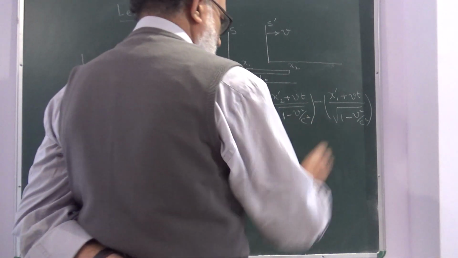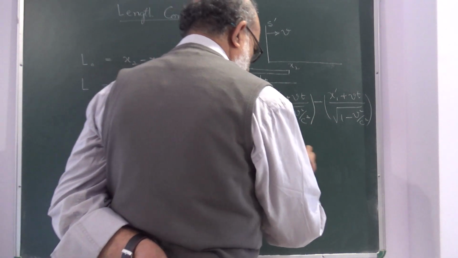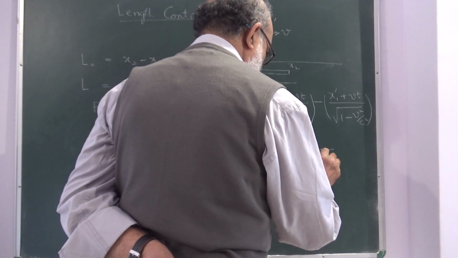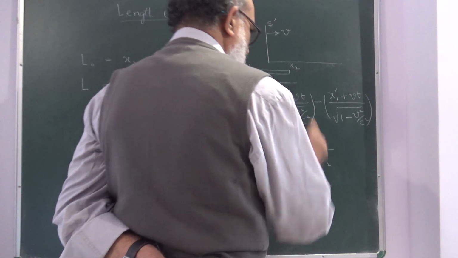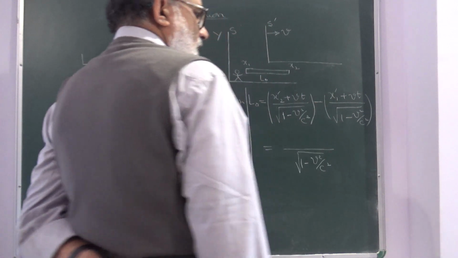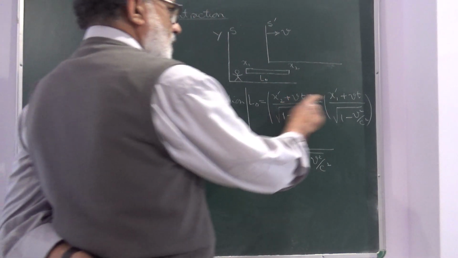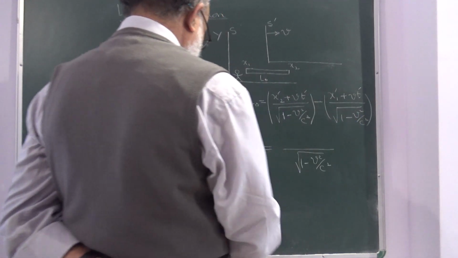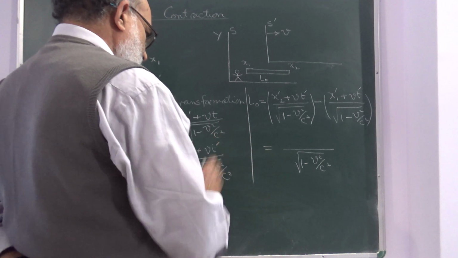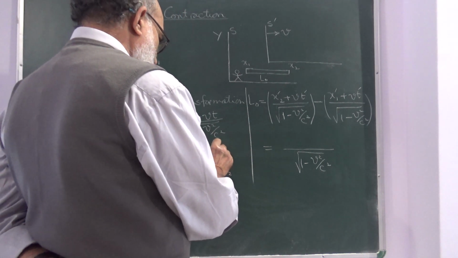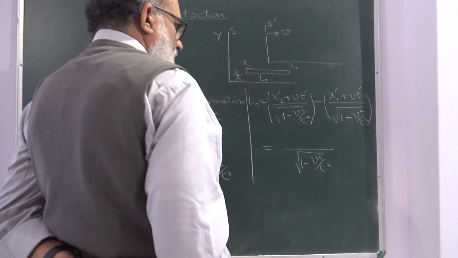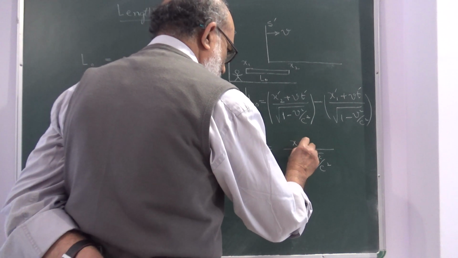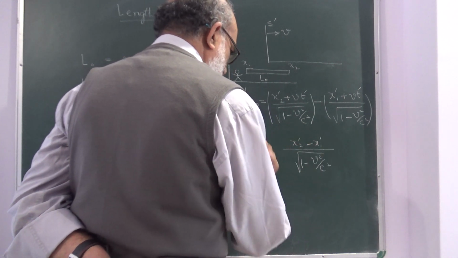Since the denominator is the same, the numerator will simply be algebraically subtracted. Oh, sorry, it's vt dash. So vt dash and vt dash cancel out, and we are left with x2 dash minus x1 dash.